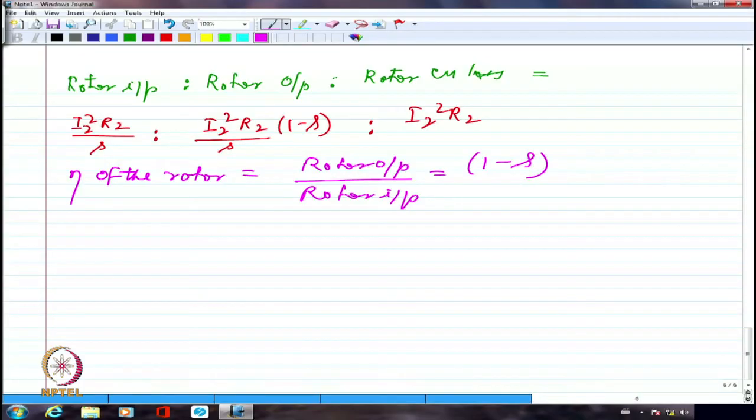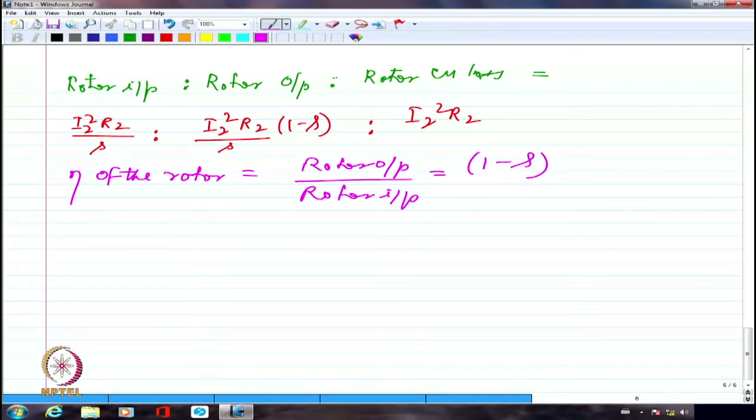So, I am going to have the lower the speed of the induction motor, I am going to have larger and larger slip. If I have larger and larger slip, very clearly 1 minus S is going to be smaller and smaller.